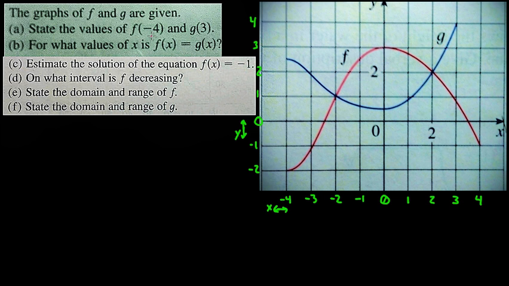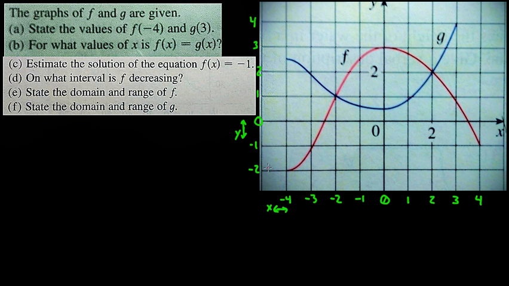So let's find negative 4 on the x-axis. This is the x-axis going horizontally, and then we've got the y-axis going vertically. We find negative 4, and the corresponding y value right here is negative 2.